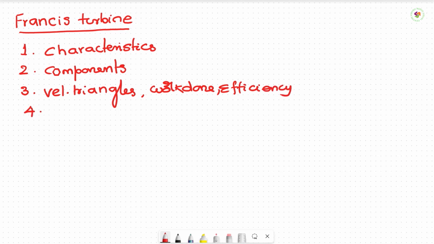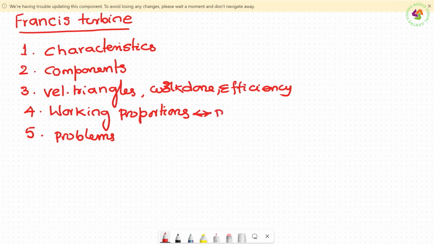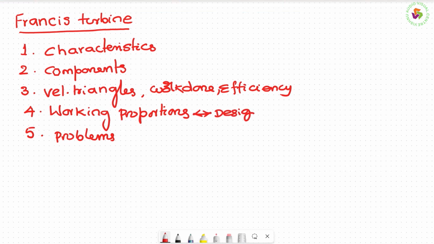Number four is working proportions. Number five is problems. The moment I say working proportions, it leads to the design also.